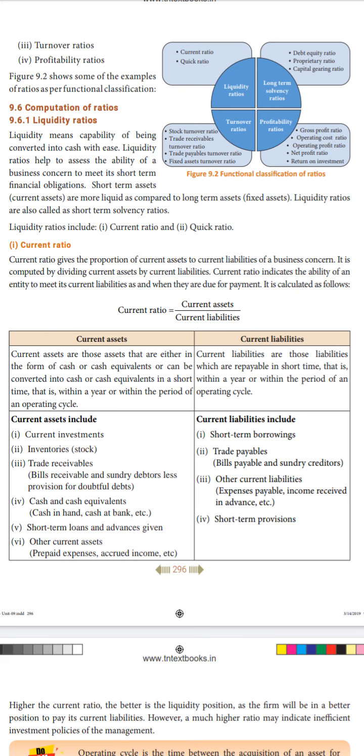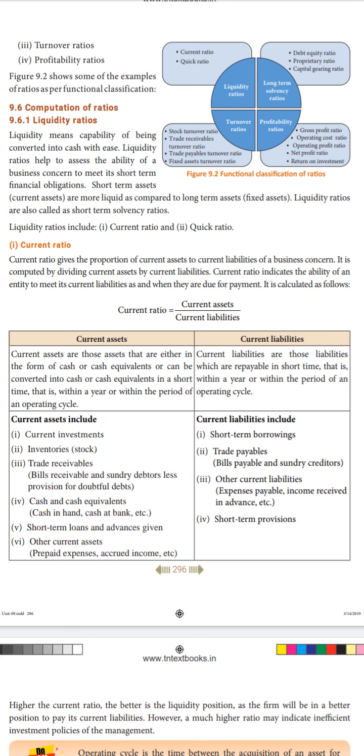The third topic is turnover ratios. In turnover ratios, we have stock turnover ratio or inventory turnover ratio, trade receivables turnover ratio, trade payables turnover ratio, and fixed assets turnover ratio.